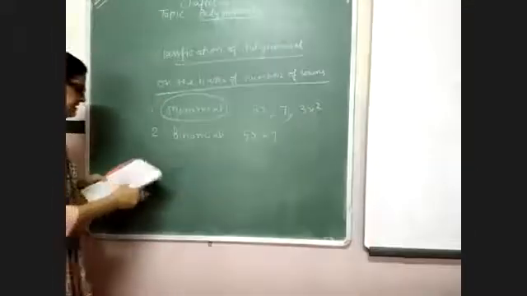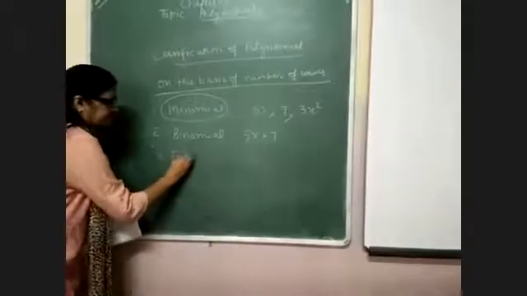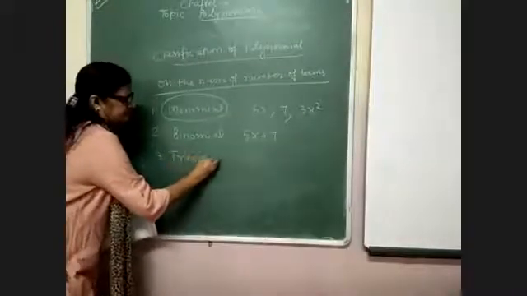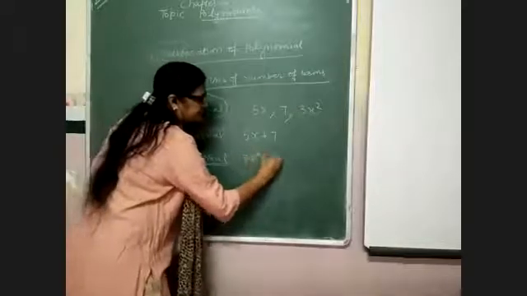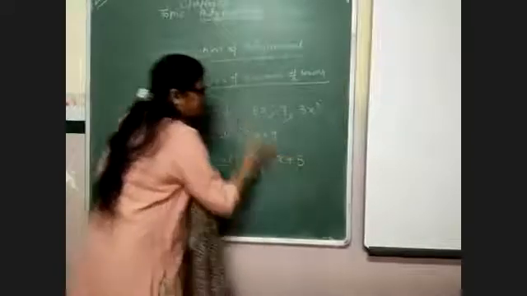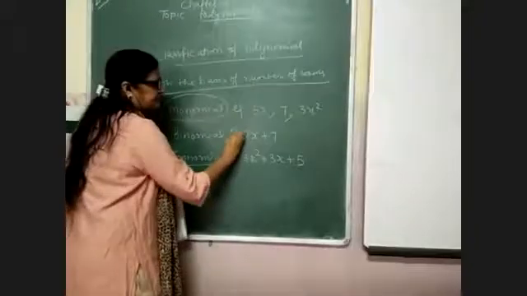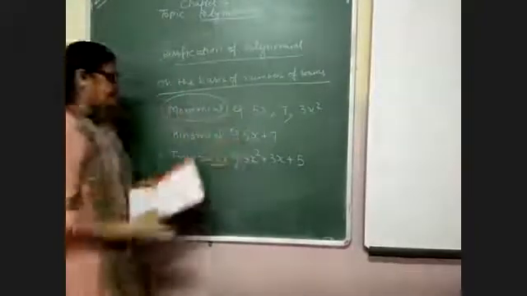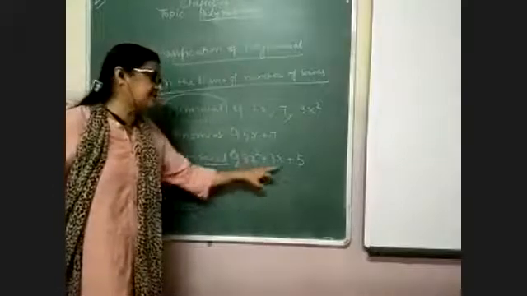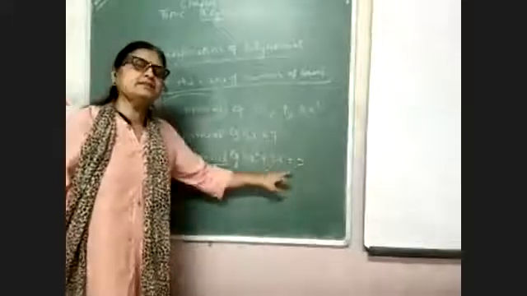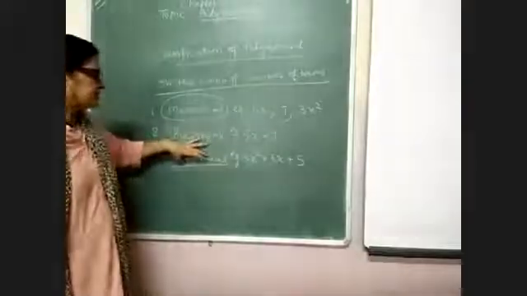And the third one is trinomial, where three terms are used. I am giving you an example also. Okay. Trinomial means three terms are used. Here 3x and 5. Three terms are used, so it is called a trinomial.